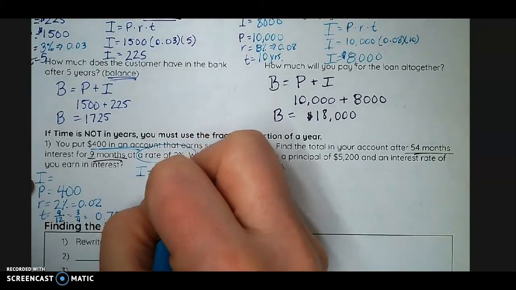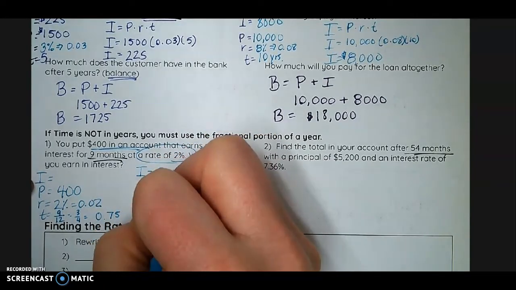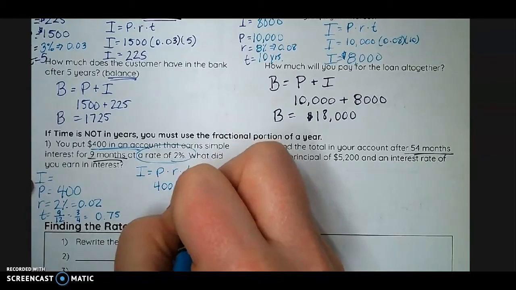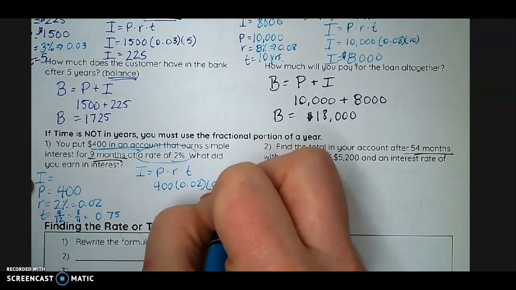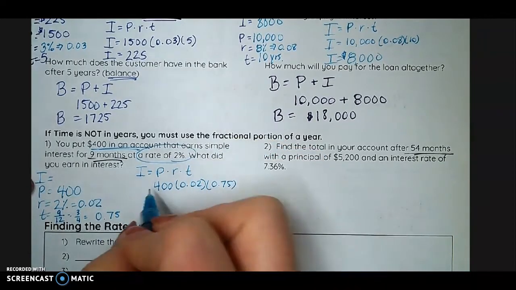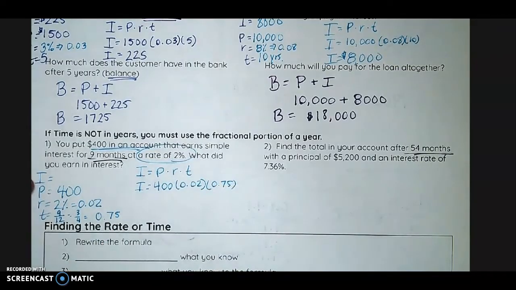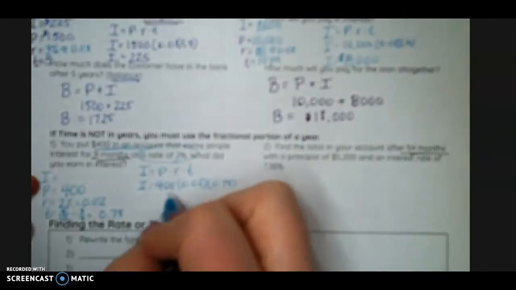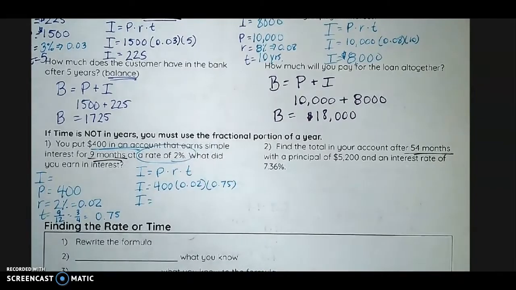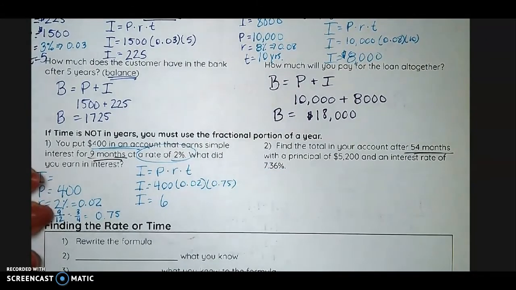So when I'm trying to find my interest, I do the same thing that I did above, only my time in years is a decimal or a fraction. When I do this multiplication, I get 6, and you're like, that's kind of weird.